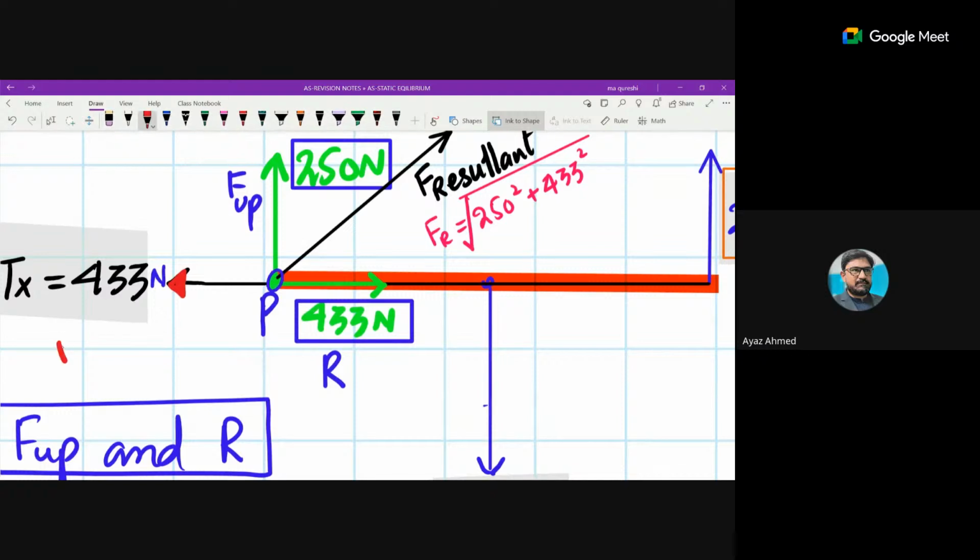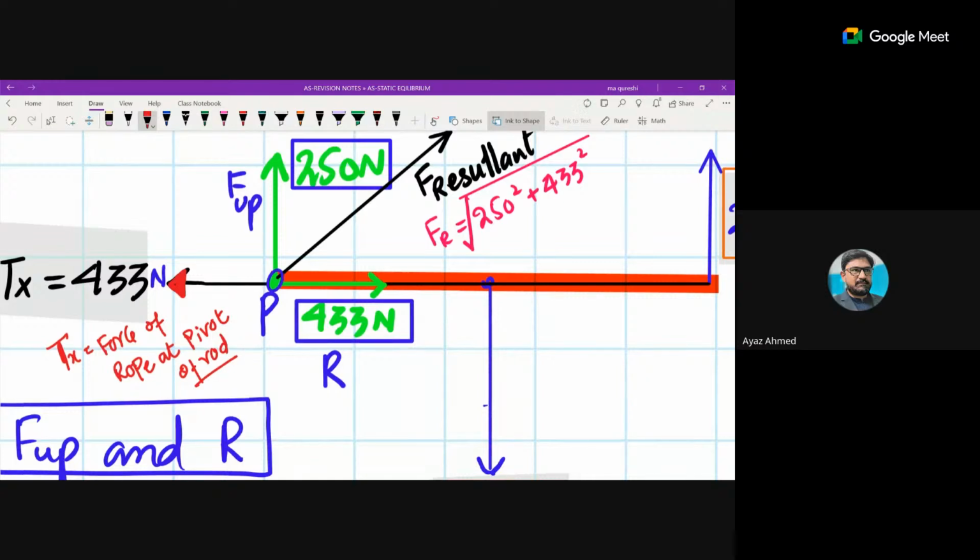This is actually Tx, right? What was Tx? Tx is the force of rope on the rod at the pivot of the rod.